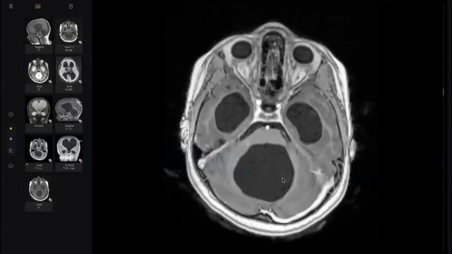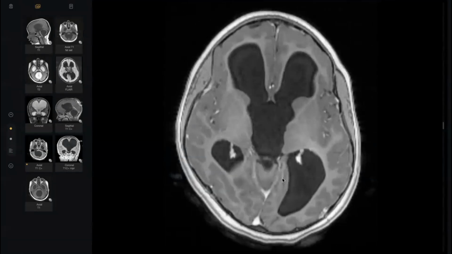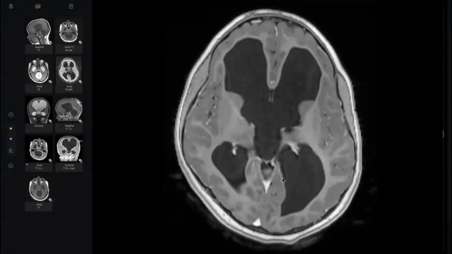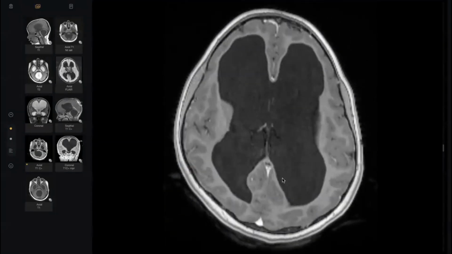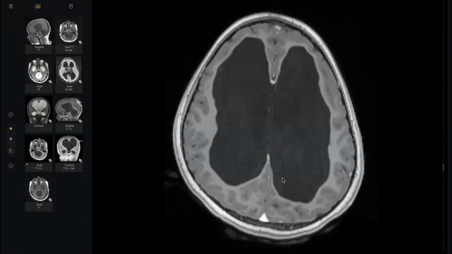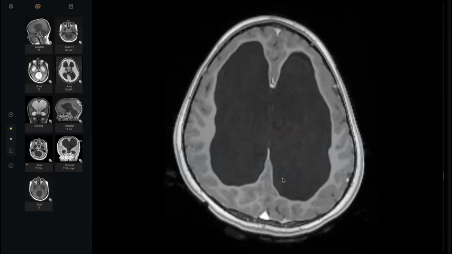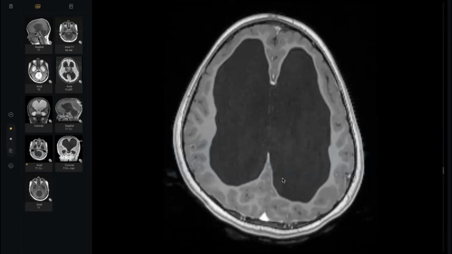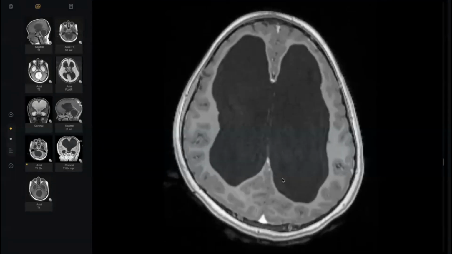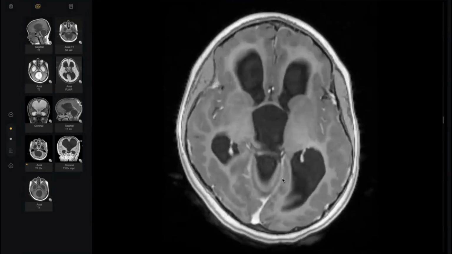I am going upward. No enhancing mass lesion is appreciated throughout the ventricles. Only the enhancing choroid plexus is seen. There are periventricular hypointensities suggesting transependymal seepage of the CSF, but I would like to confirm it on the FLAIR images if available.